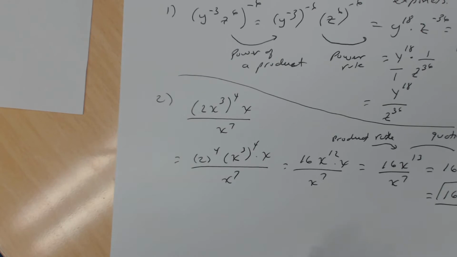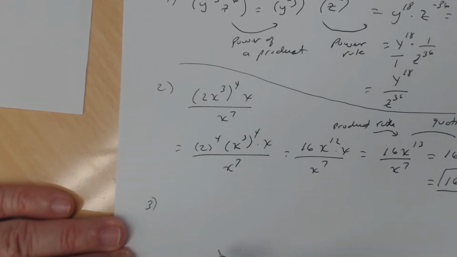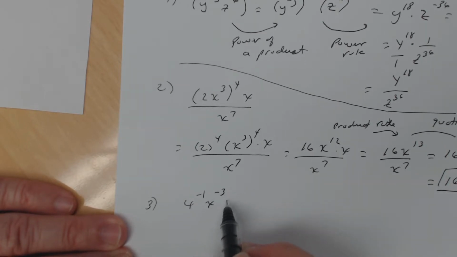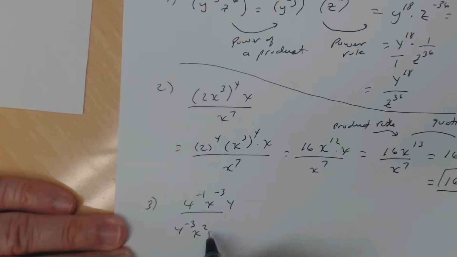That's the answer. All right, for 3, you have 4 to the negative 1 times x to the negative 3rd times y divided by 4 to the negative 3rd x squared y to the negative 6.